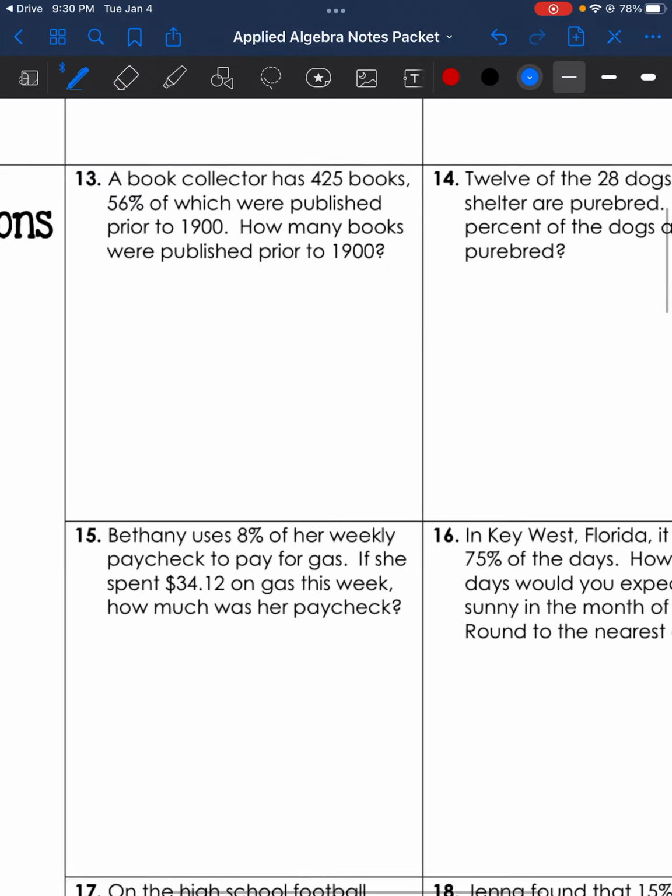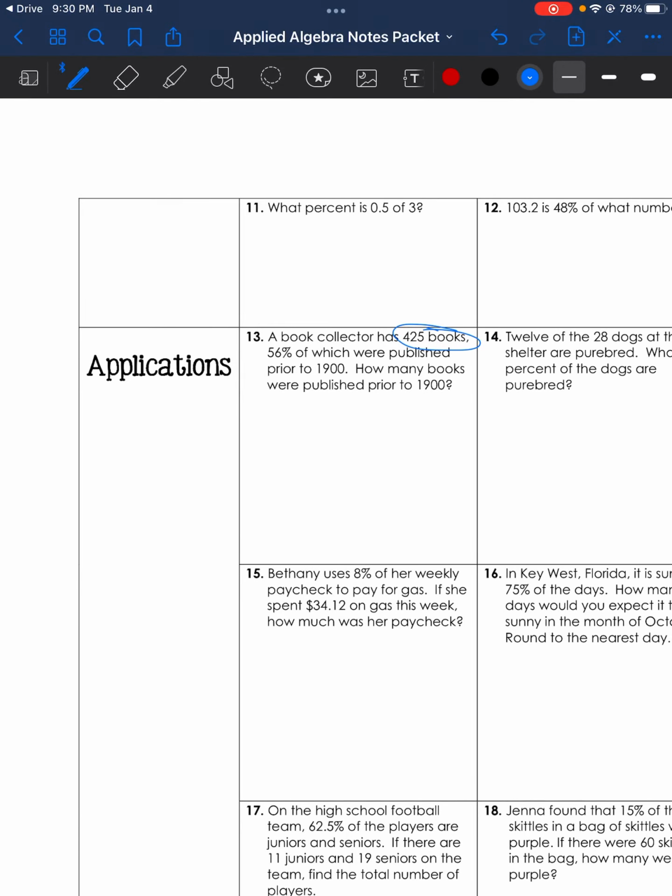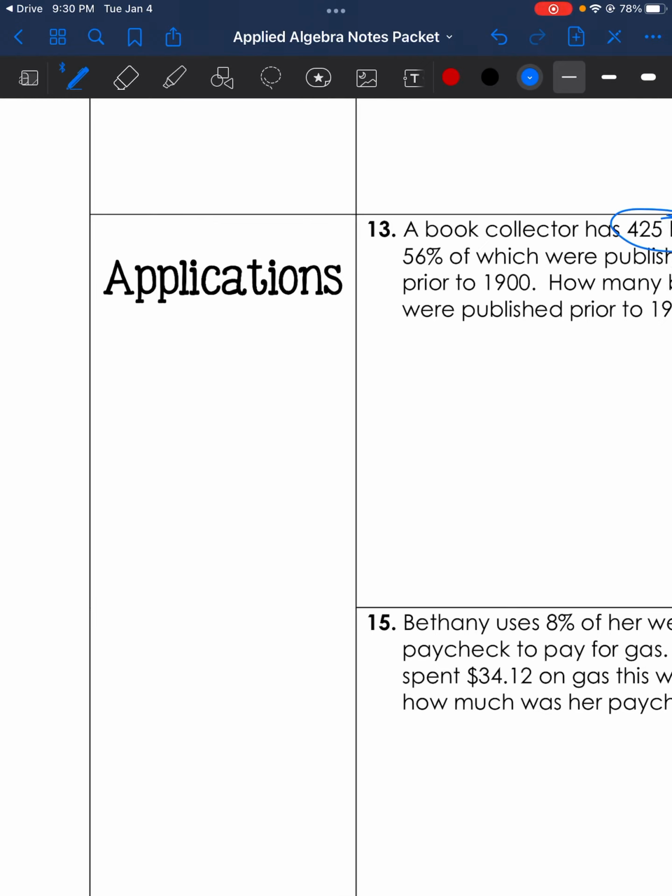So let's read this. Number 13. A book collector has 425 books, 50% of which were published prior to 1900. How many books were published prior? Okay, so we have the whole. The whole is 425. So remember, I'll write this over here since our notes are kind of up above.